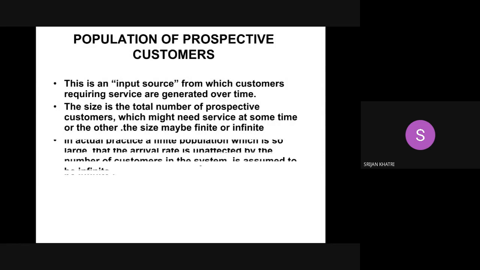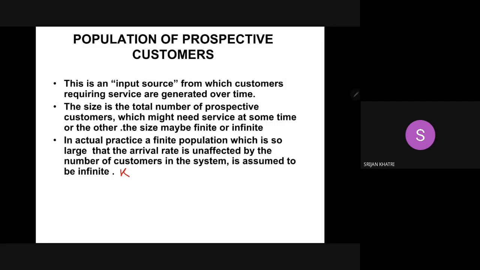If it is finite, we denote it by K. In actual practice, a finite population which is so large that arrival rate is unaffected is assumed to be infinite. When there is no impact of the population size on the arrival pattern, then we say the population size is infinite. Otherwise we say it is finite, and we denote it by K.